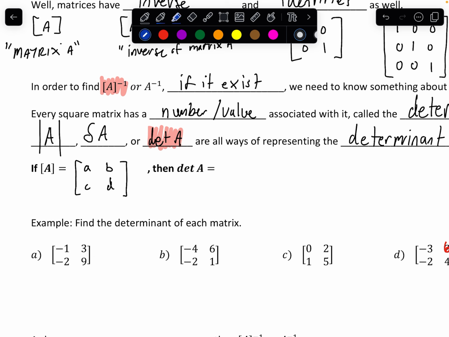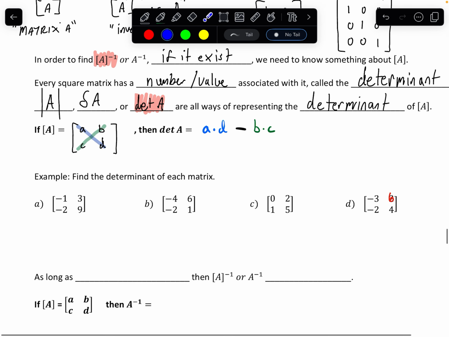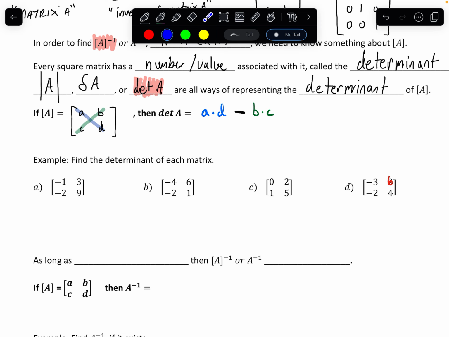Like I said, it's A times D, and minus, always minus, B times C. If I want to figure out what the determinant of this matrix is, we take A times D, then minus B times C. And of course, with subtraction, the order you do that in does matter, so just be aware of that. Okay, so practice that a couple times here.